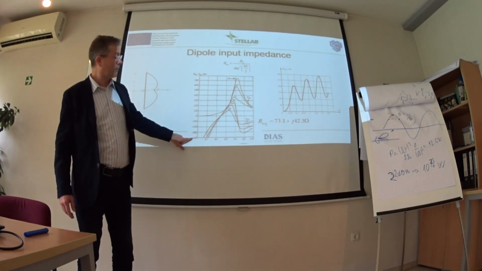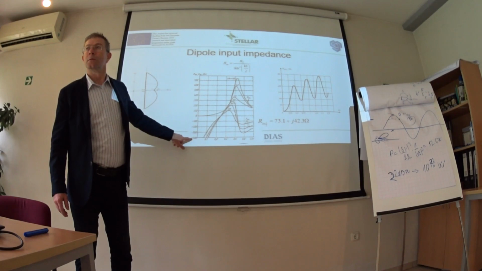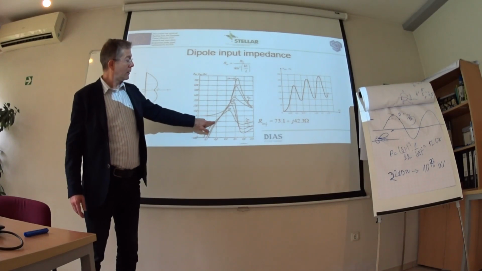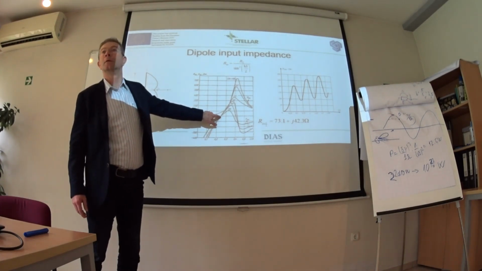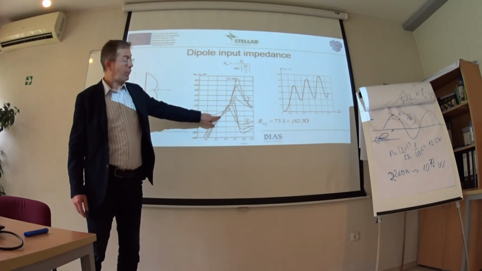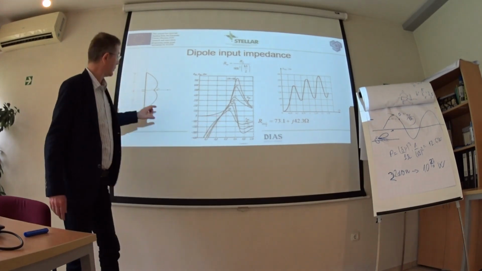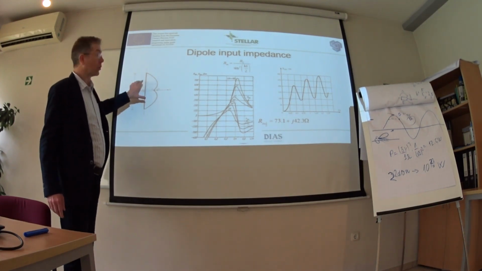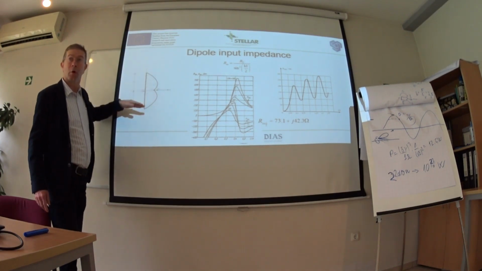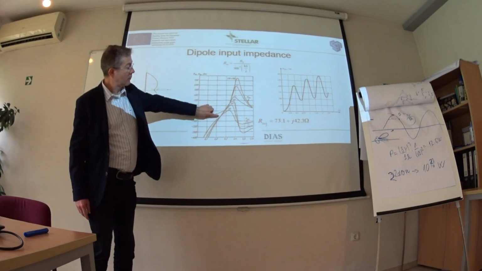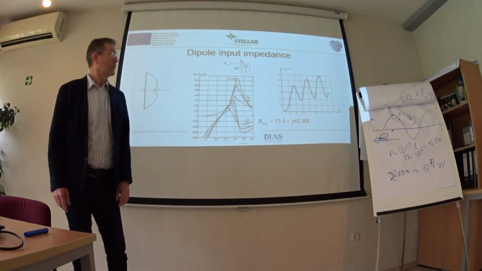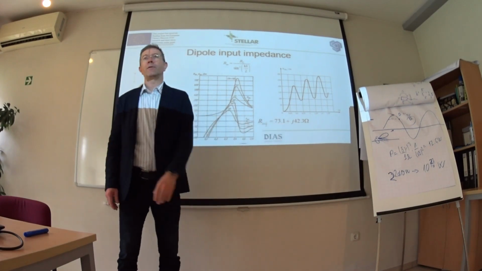Initially, it is equivalent to a capacitor, and then at a point of almost 0.25 of the arm, lambda over 4, or lambda over 2 for the whole length of the dipole, the reactive component is 0, and the real component is about 75 ohms.